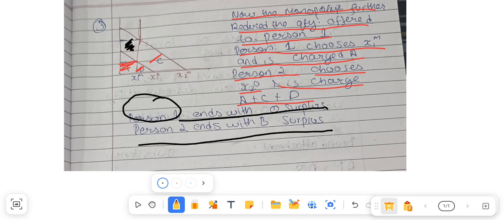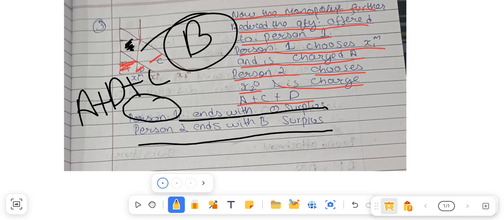He ends up with the surplus B since he is paying A plus D plus C for the additional quantity that he consumes, and he is left with B, which is the surplus that he is getting. I hope you must have understood this. If not, just read Hal Varian once, then you might understand it.